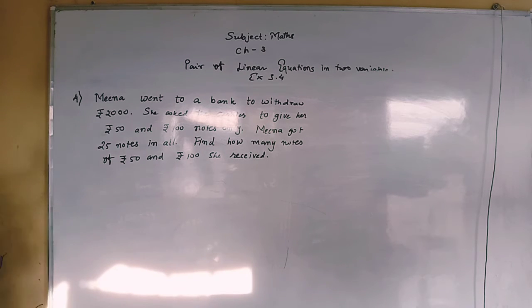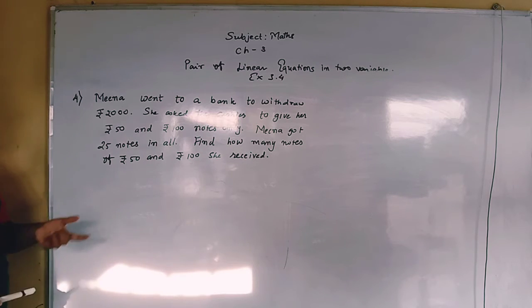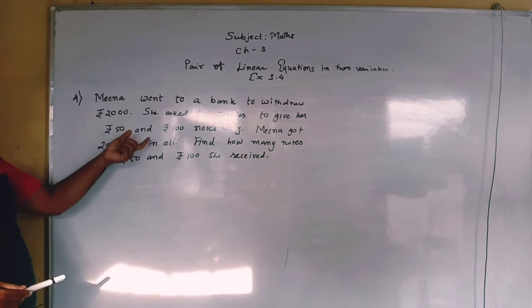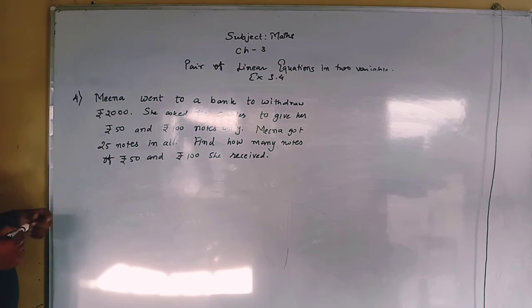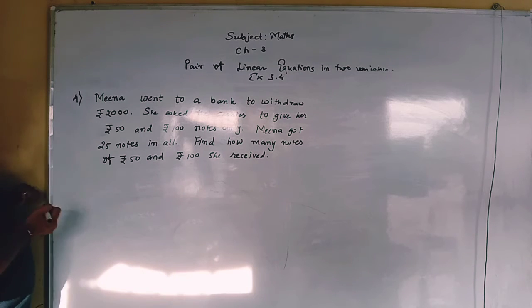So first question we have: Meena went to the bank and withdrew rupees 2000. She asked the cashier to give rupees 50 and 100 notes only, and she got 25 notes. Find how many notes of rupees 50 and 100 she will receive.